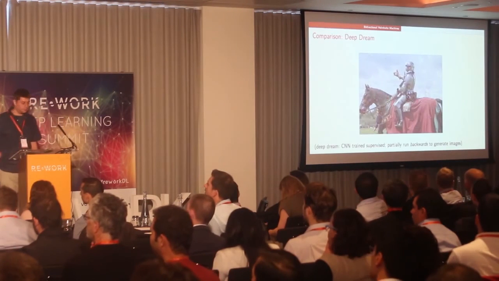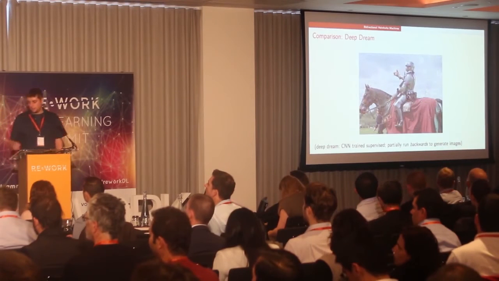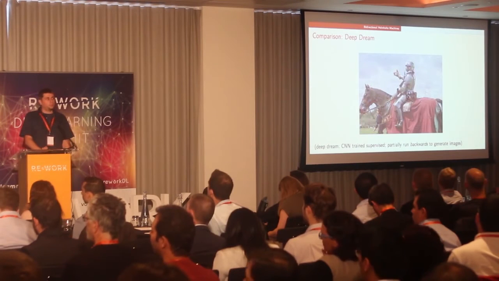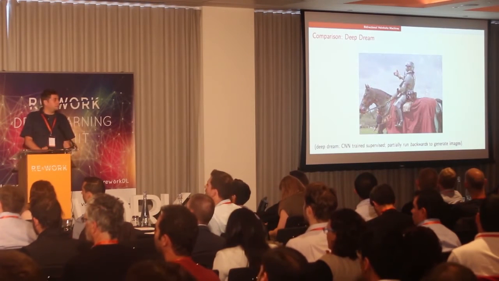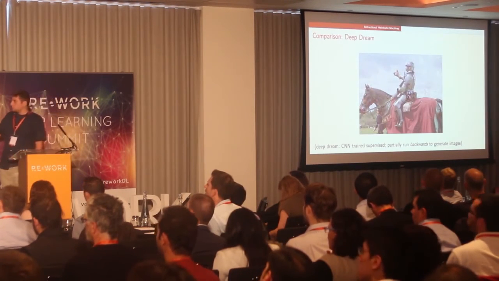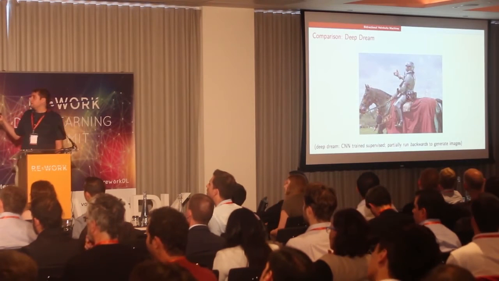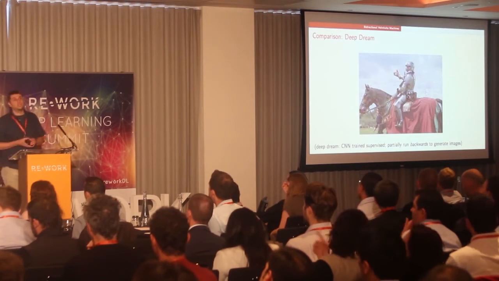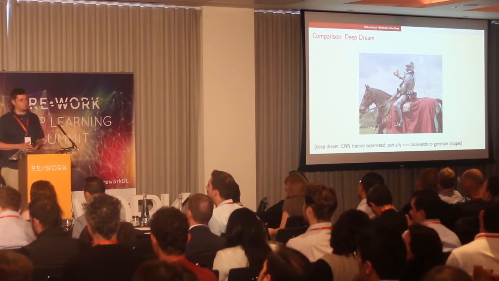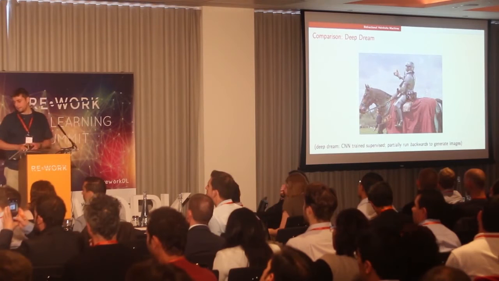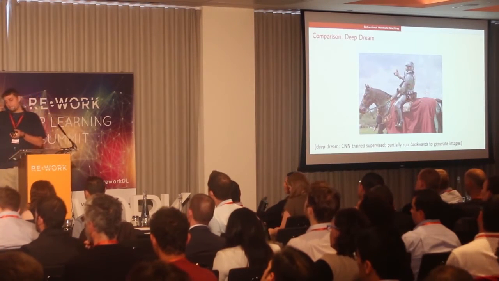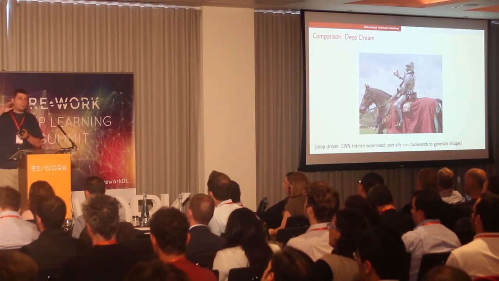So let me maybe, for comparison, show what I think is an interesting data point. You probably have all seen these images from a deep dream model. I'm not sure if everybody knows how these were generated. So the procedure behind these images is basically that you train a normal supervised convolutional network, as we have seen multiple times today. And then you take the trained model, trained including the labels, and you run it backwards.